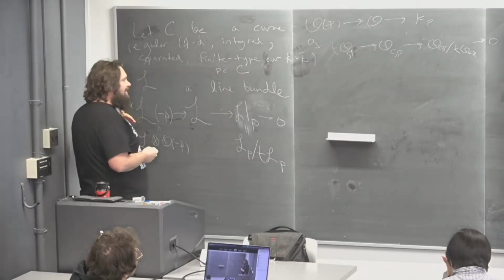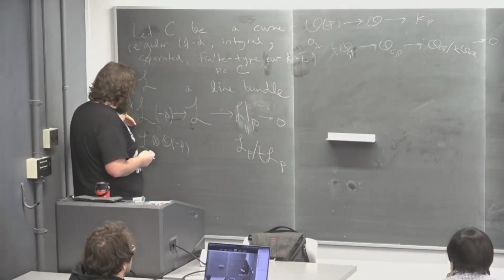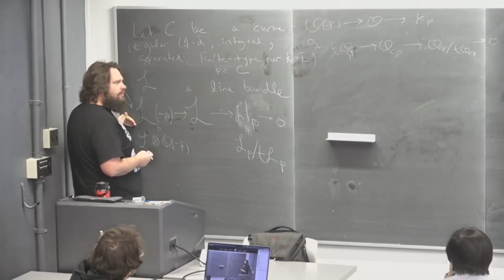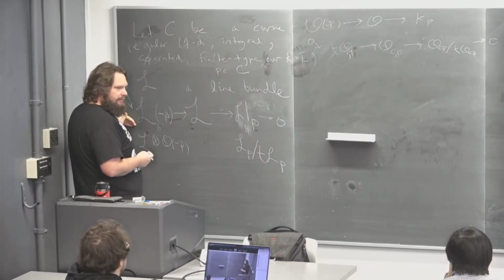All right. So this is an exact sequence of sheaves. And one of the things we were cautioned about is that when we take sections, that might not be exact.